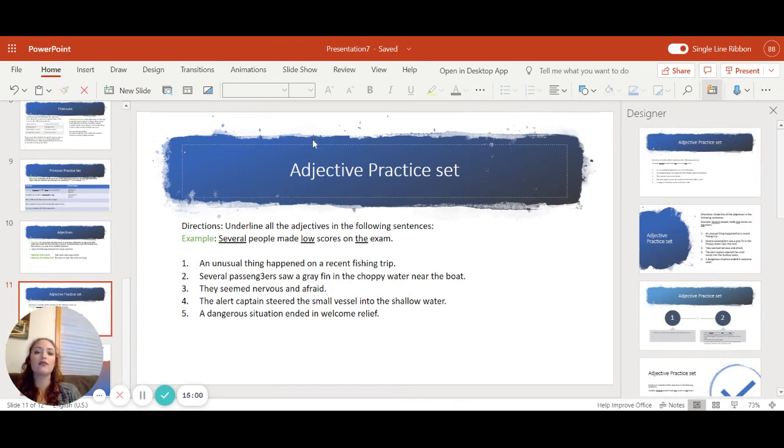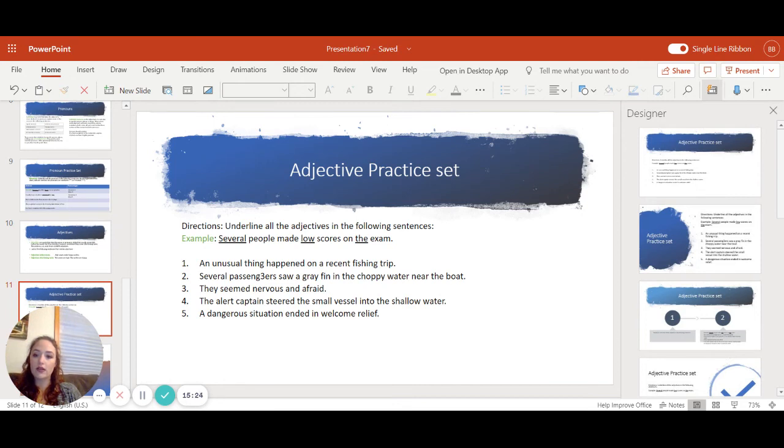So here's our practice set for adjectives. Underline all of the adjectives in the following sentences. So our example here, several people made low scores on the exam. So how many people? Several. What kind of scores? Low. And then the is the article, right?